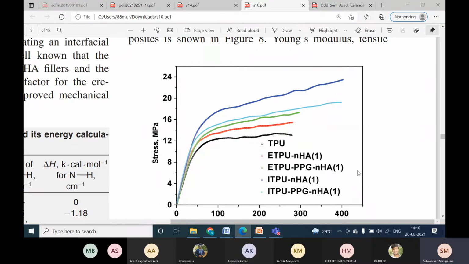So why is it? Because there are a lot of factors that usually come into play during in situ polymerization. If you see the surface functionality of the unmodified filler, the nano hydroxide-based filler, they have a large number of OH functional groups. But in the case of the modified filler, the number of OH groups present on the surface of the filler is very low. In polyurethane chemistry, the OH has a high feasibility to react with the isocyanate-based hard segments.